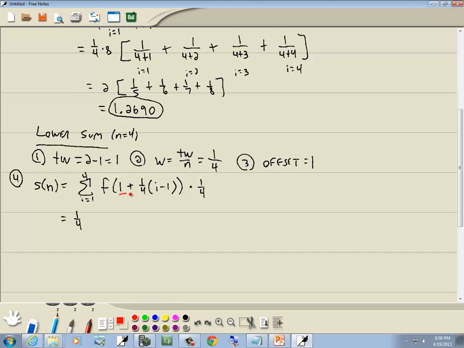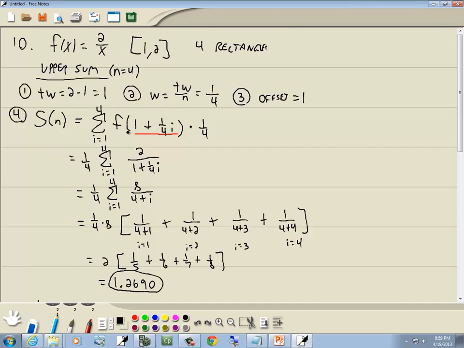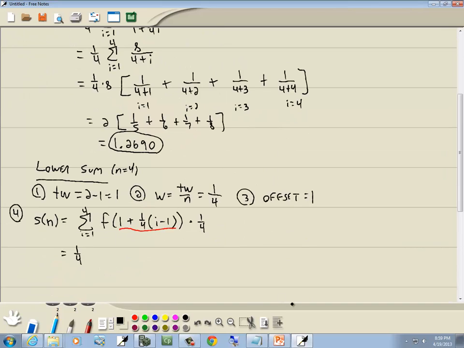But we want to plug this into our function. So if I go up above, our function, remember, was 2 over x. So we're going to plug what I underlined in red in for x. So we're going to have the sum i equals 1 to 4 of 2 over 1 plus 1/4 times i minus 1.